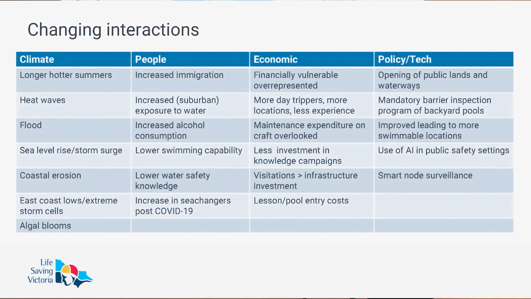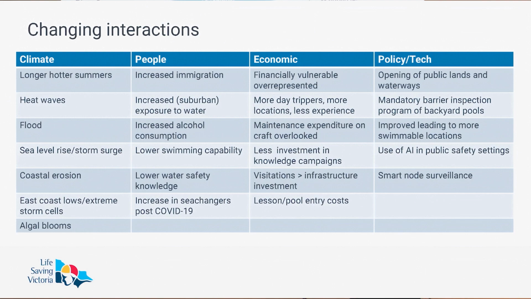A few changes in interactions. So climate change, we've seen a lot of increased rain events. We've got small bursts of hot weather. We've had economic changes, so families face increased mortgages and increased cost of living. So some of the first things to go are things like swimming lessons.